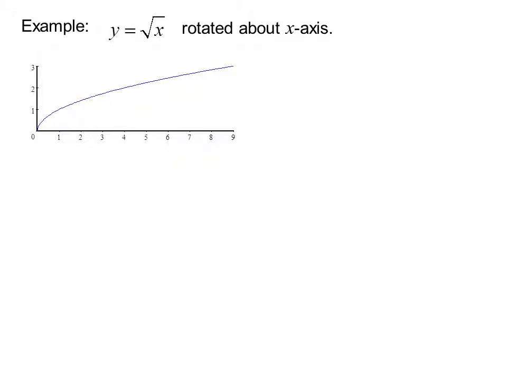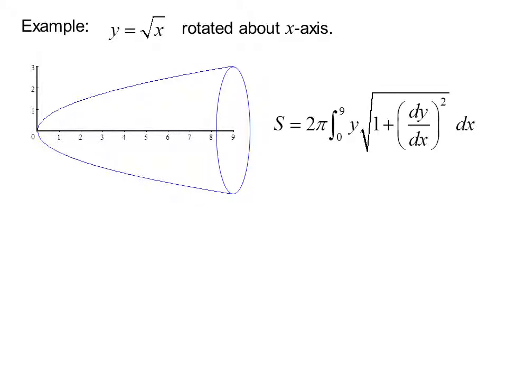Here is another example. y equals radical x rotated about the x-axis. The surface area is 2 pi times the integral from 0 to 9 of y times radical 1 plus dy dx squared dx.